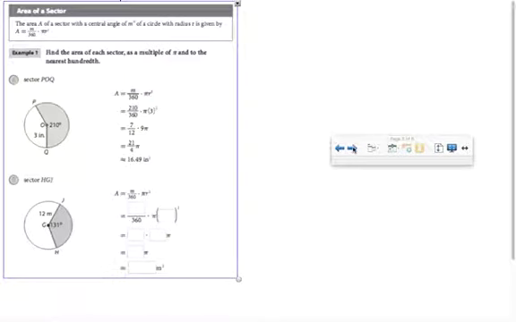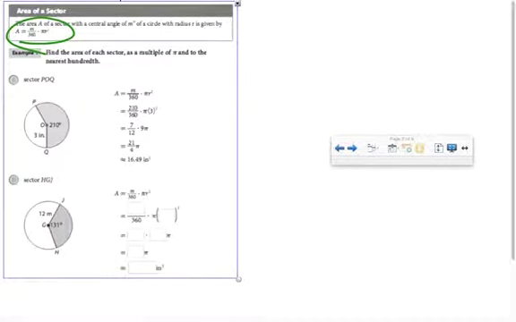And lo and behold, that's the exact same thing that you have here in your text. So you see in example 1 part A that we're using that formula. They've taken the 210, put it over 360, reduced the fraction, found the area of the circle to be 9 pi, multiply them together, and evaluate it.